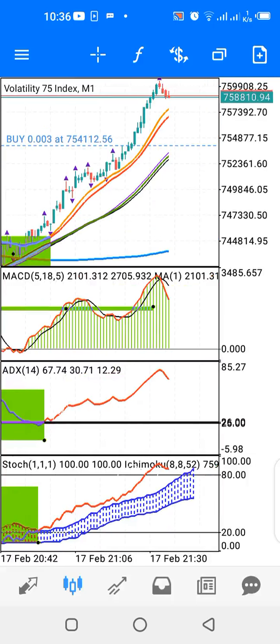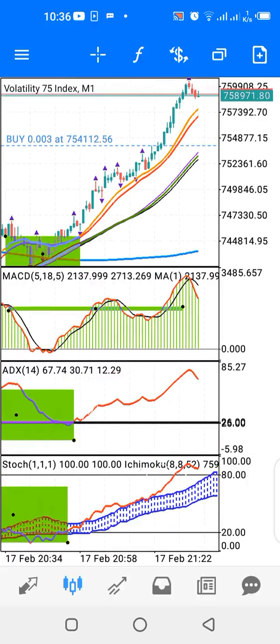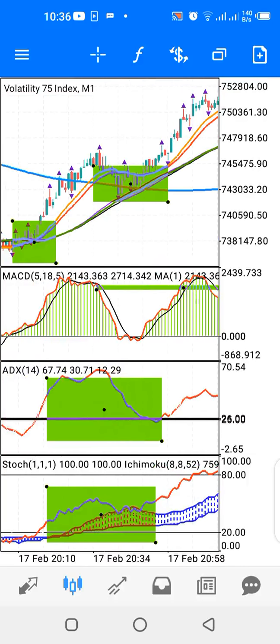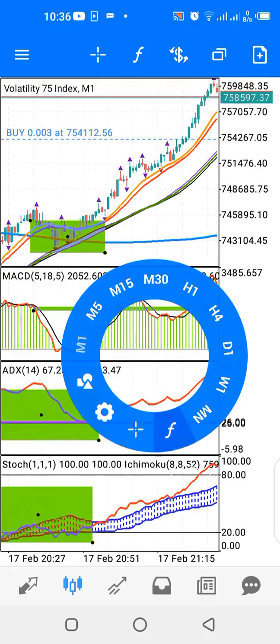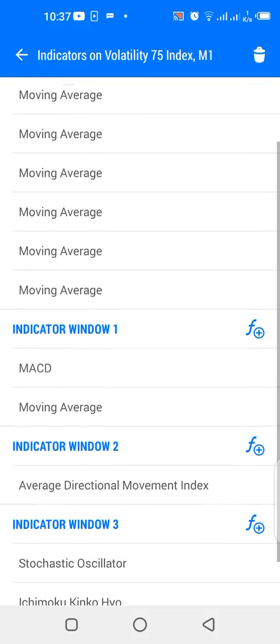All right, so it's important you know the trend first before you place your trade. Are you in a bullish trend? Look for buy trades. Are you in a bearish trend? Look for sell trades. Okay, let's look at the indicator settings for indicator window 1 before we look at how it works.